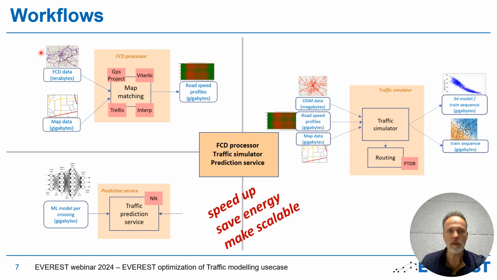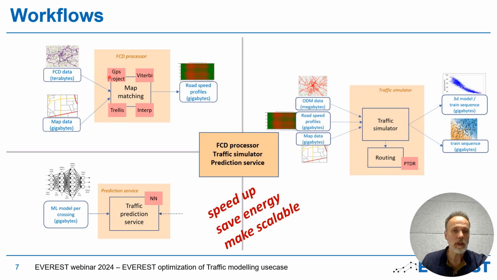The first workflow is the FCD processor, which takes as an input FCD data and the map data and generates road speed profiles. So the key component of the FCD processor is the map matching, which takes a sequence of noisy GPS sequence and tries to derive the speeds on that small trajectory of the vehicle.